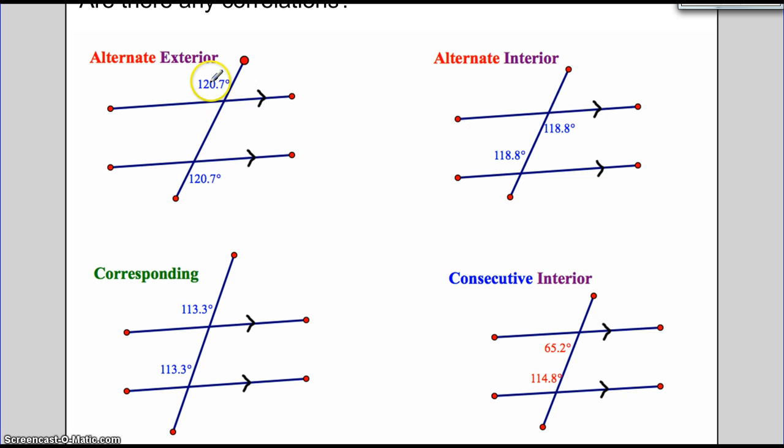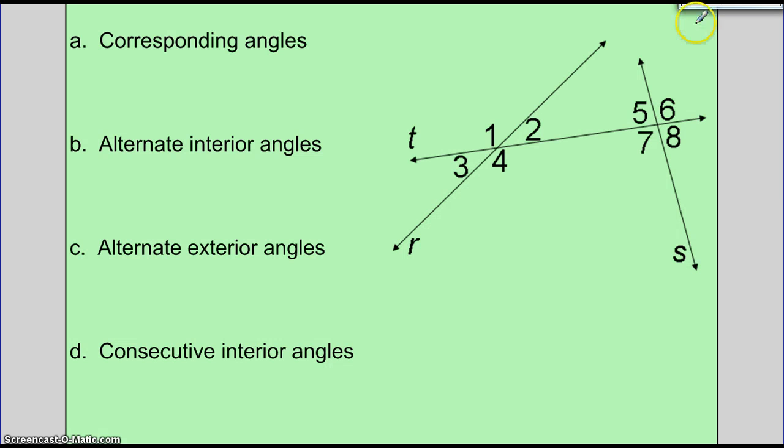When you look at these pictures, they should meet every criteria, which they do. Okay? Take a look at that. Okay, corresponding angles here, I have 1 is corresponding to 5, 2 is corresponding to 6, 3 is corresponding to 7, 4 is corresponding to 8.